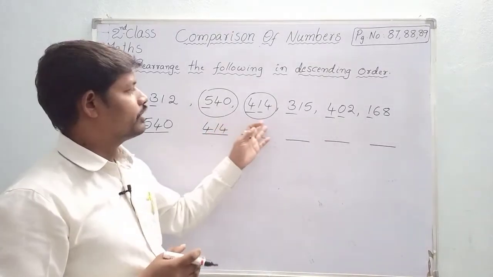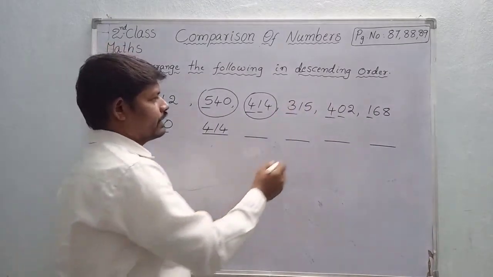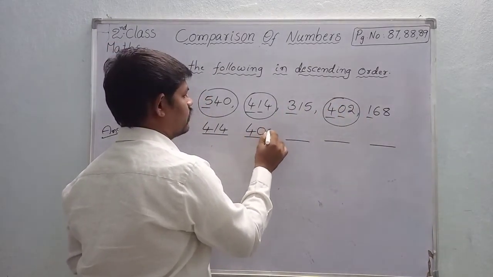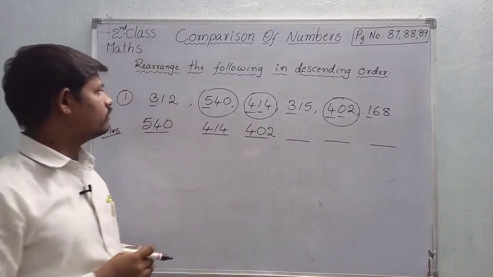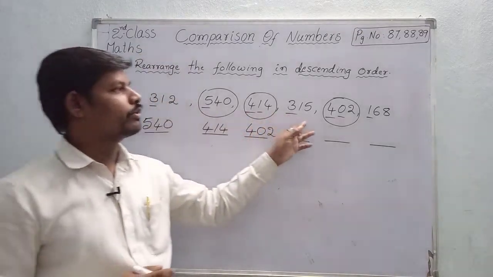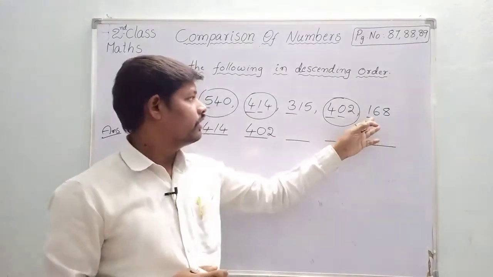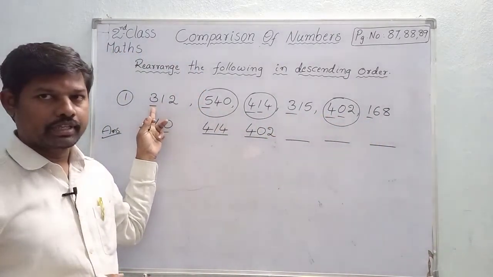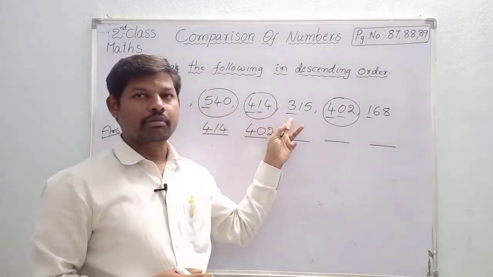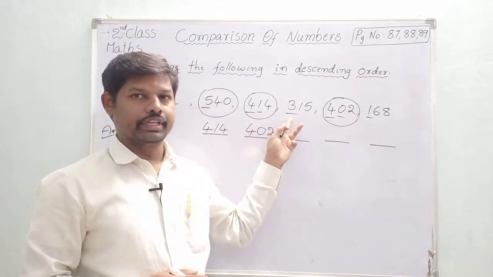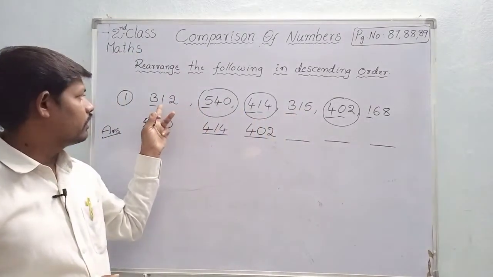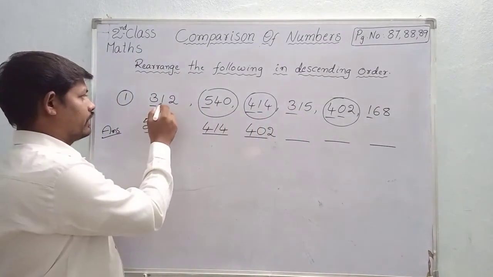Okay. Obviously, the next one is 402. This is the third number. The remaining 3 numbers we have to compare. In this number, in hundreds place, 3 is there. In this number, also 3 is there. Tens place, here 1 is there. Here also 1 is there.